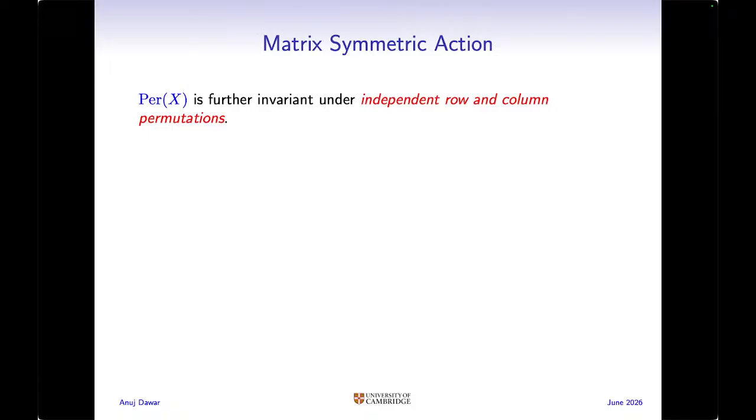They don't have to be the same permutation. You don't change the permanent. Okay? So we have an action of the direct product of Sym n with itself, where the element (sigma, pi) applied to xij takes it to x sigma(i) pi(j), right? And the permanent is invariant under this action.